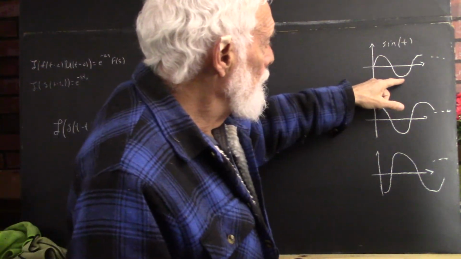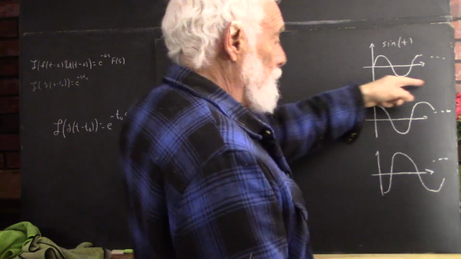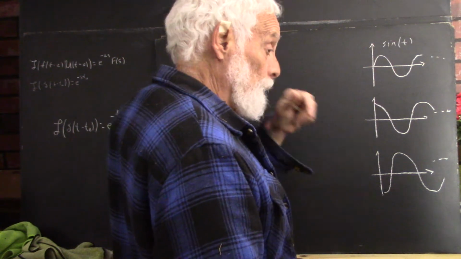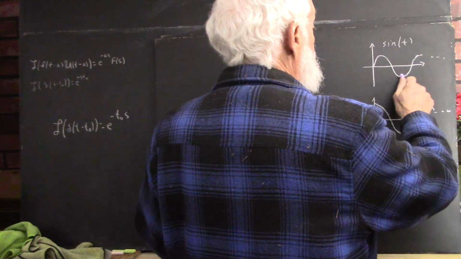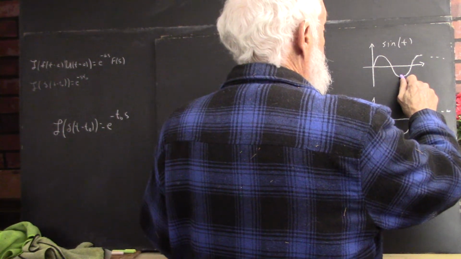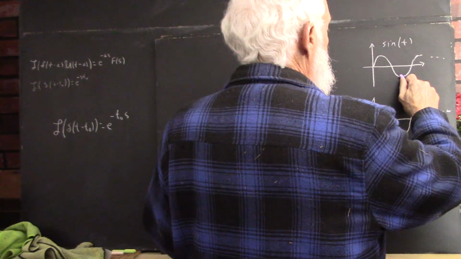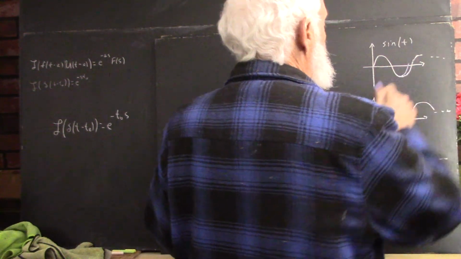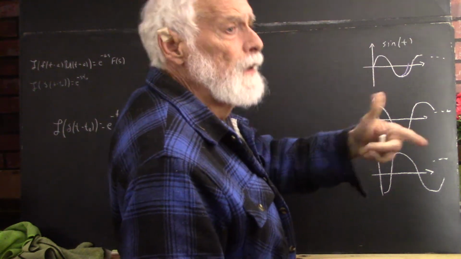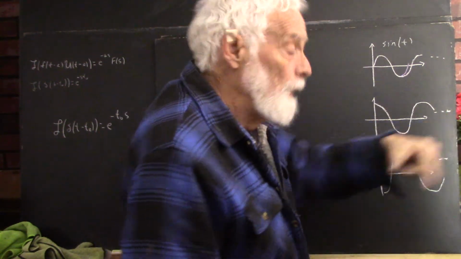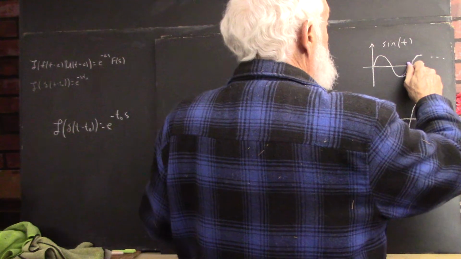If we apply the impulse right here where the graph has zero steepness, the graph is level, velocity is zero at this position, in other words, and apply an impulse, all of a sudden we're going to have a discontinuity in this function, and it's going to suddenly start upward like so, and having more velocity when it passes through the equilibrium position gives us more kinetic energy to overcome the potential energy increase as it moves away from equilibrium, if you remember the physics.